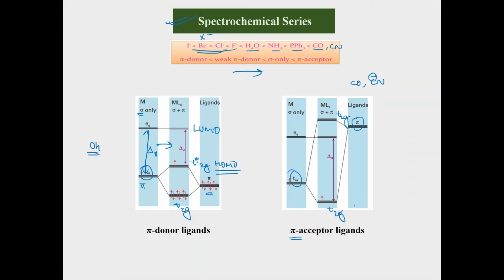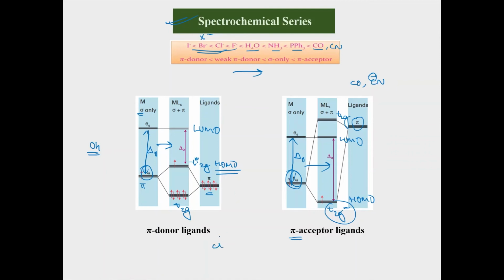Here, as this bonding T2g is closer to the metal T2g, it will be highly metal based and will have the metal character. So this is the new HOMO and this is the LUMO. So from when there is no pi type interaction to when there is a pi acceptor ligand, the delta O value is increasing for pi acceptor ligands. From this, we know that for halides it will be the minimum.